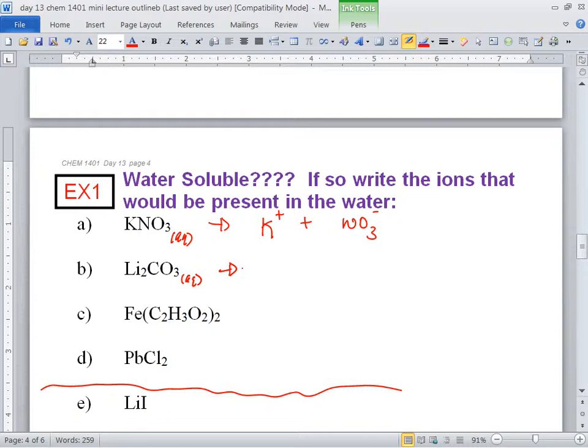What ions will it break up into? Tanya. Lithium 2, lithium, and CO3. Okay. Now we need the charges and we need the little coefficients out front. Now you can figure the charge out from the formula, right?